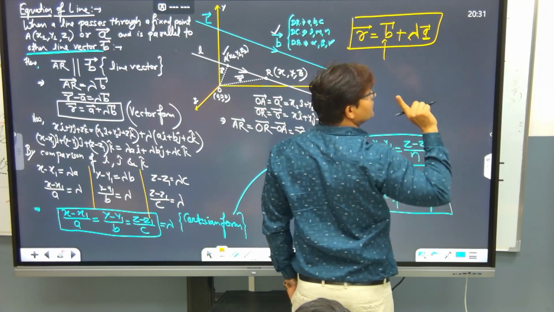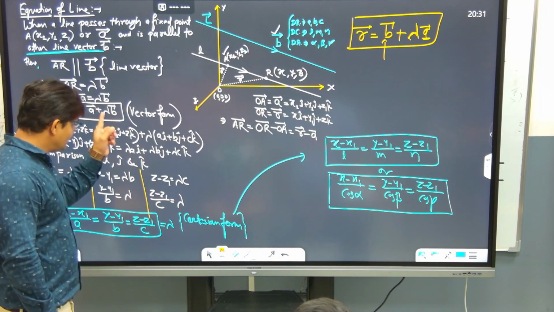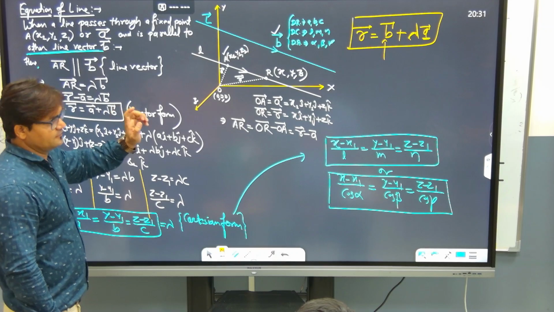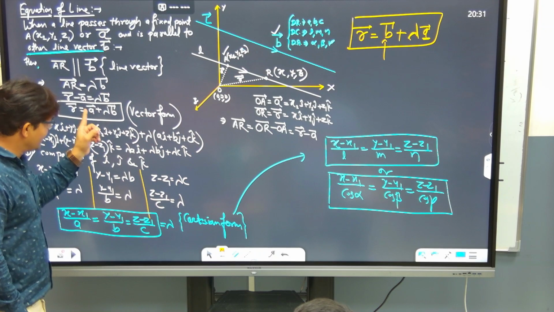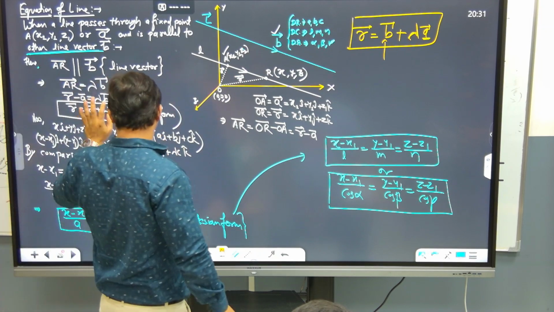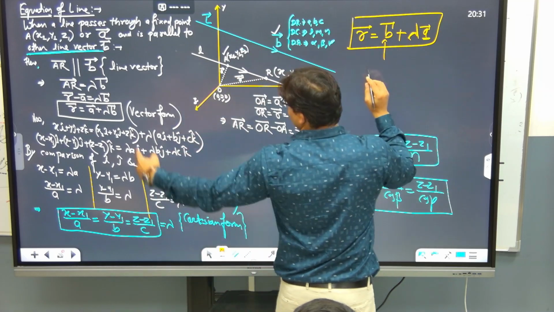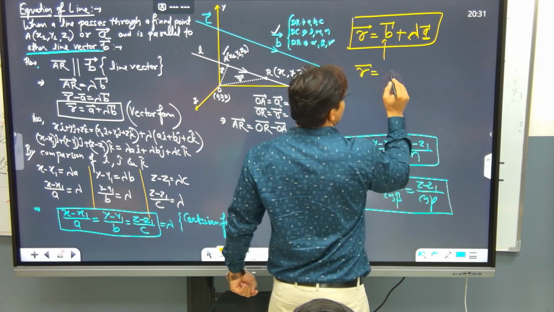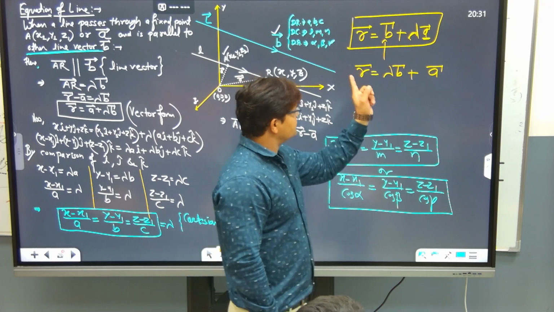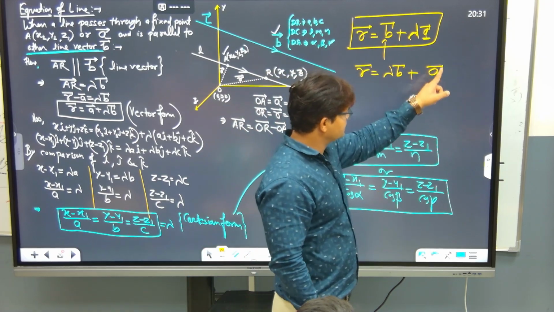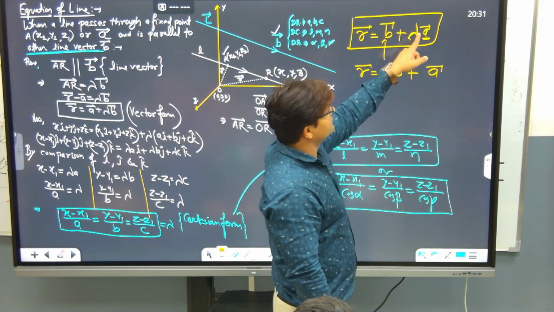Whenever we have an unknown constant, multiplication with that unknown constant shows the direction of that line, or of a parallel line, both are the same. But a simple vector without any unknown quantity is our fixed point. Even if the same question is given as r equals lambda of b vector plus a vector, r is the moving point x, y, z, this is our fixed point, and this is our direction.